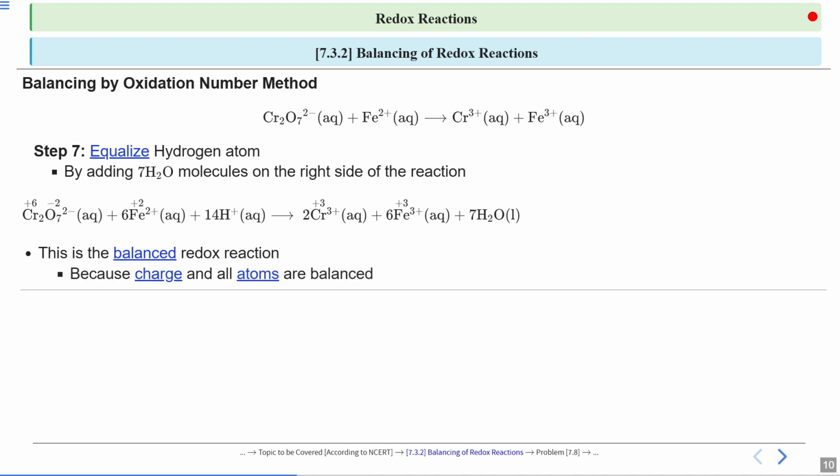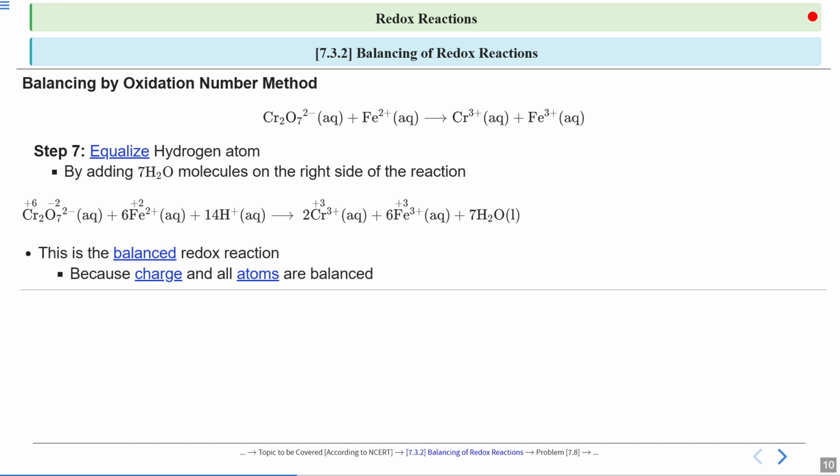Because how can it be considered as a balanced one? Because if we look over the charge, it is balanced, and if we also look over the atoms that are participating in the reaction, these atoms are also balanced. Therefore, the reactions can be balanced by the oxidation number method if we follow these 7 steps in a sequential manner.